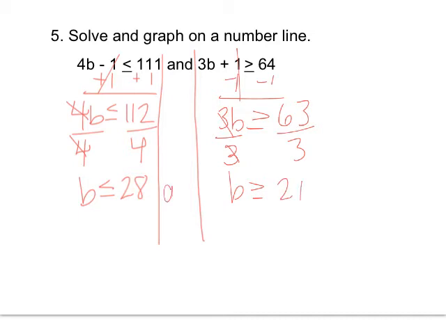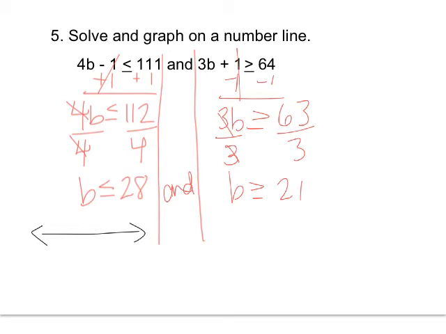So they're still joined by this word "and." This is the kind that I really like to look at 3 separate number lines to get an overall solution. It just really helps when you're finding that solution to write it out separately. So if I write the first number line, it's all the numbers that are less than or equal to 28.